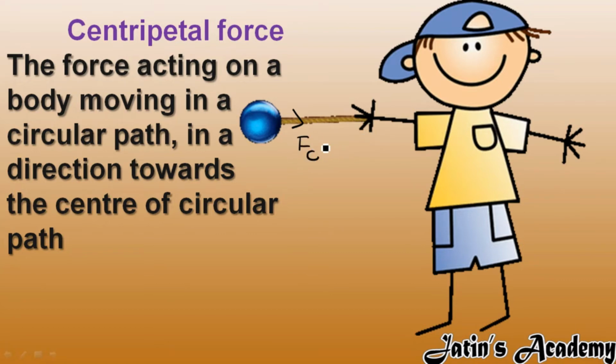Centripetal force is signified as F subscript C. So centripetal force is always acting toward the center of a circular motion. So again, it is a force acting on a body which is moving in a circular path, and its direction is toward the center of the circular path.